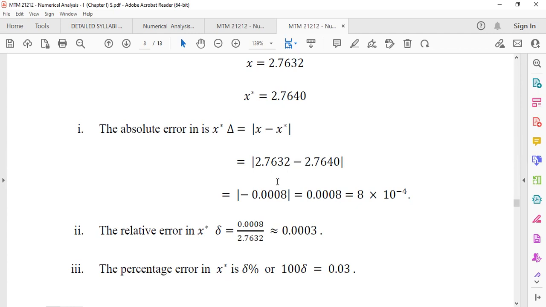If you put it inside, a negative comes, but with the absolute value it vanishes. Similarly, the relative error will be this divided by the true value, approximately 0.0003. And the percentage error will be times 100, which is about 0.03 percent.